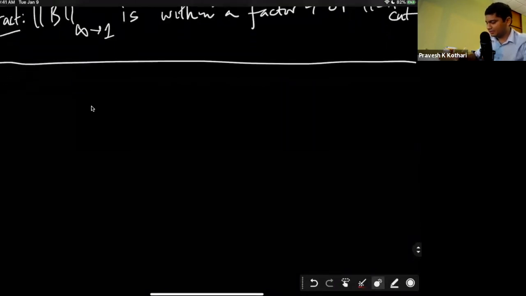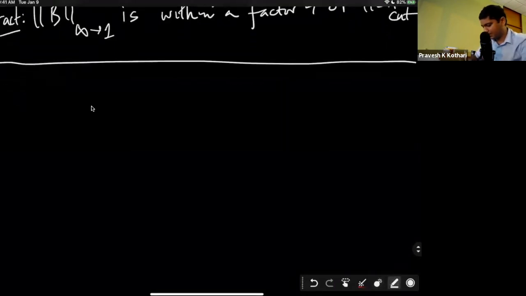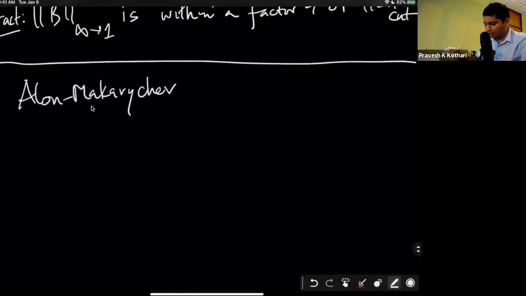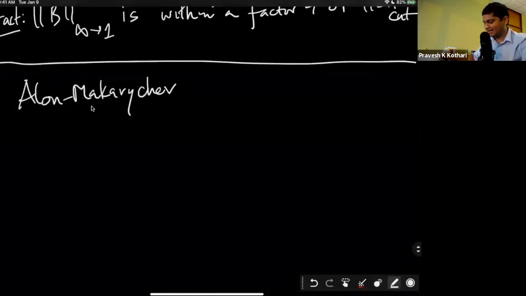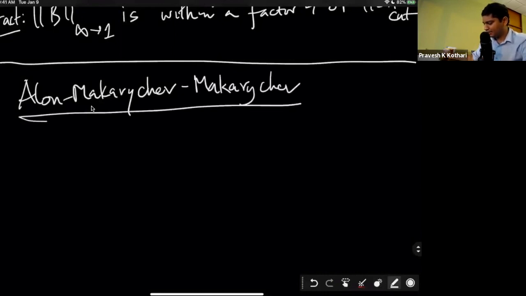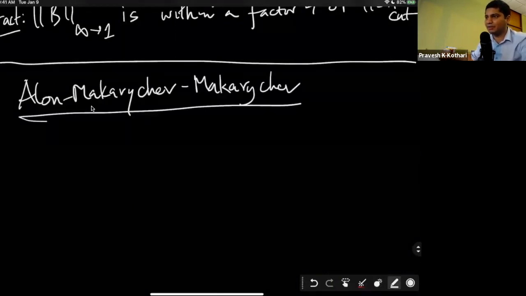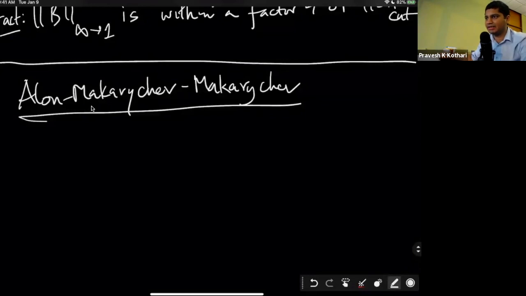It turns out that in this very nice paper of Alon, Makarychev, and Makarychev, all this action, by the way, is happening in the early to mid 2000s. So this is like 15-year-old stuff mostly. I don't remember the date, but this might be 2005 or 6 or something. These are the people who realized that you can think of Grothendieck's inequality as a special case of this quadratic optimization problem where the graph is bipartite.